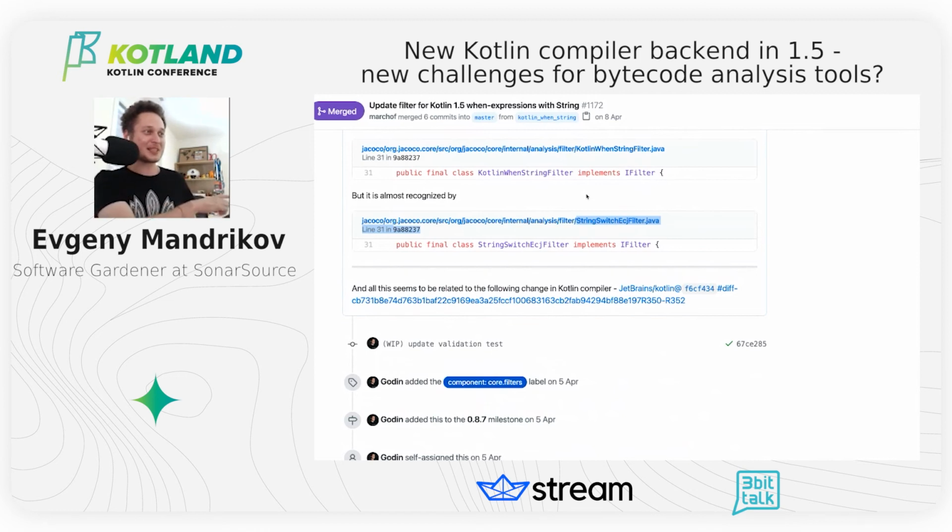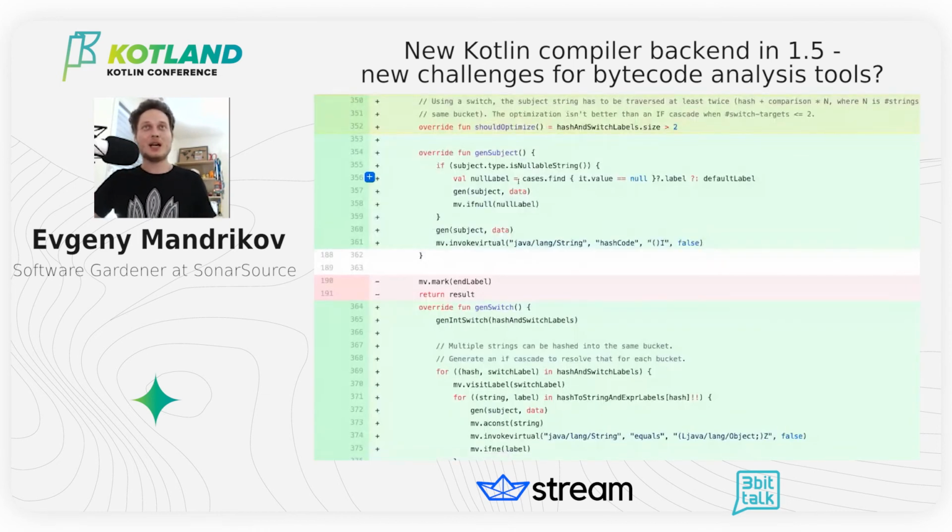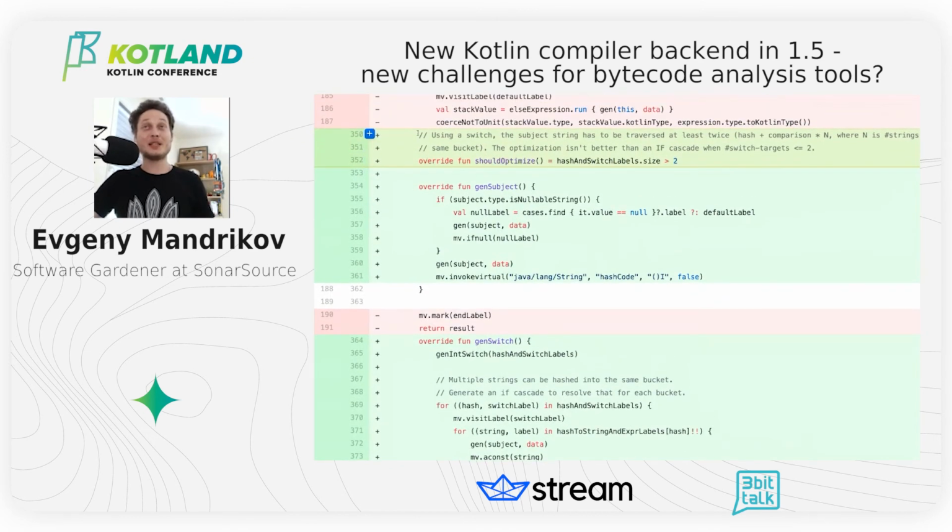So we can reuse the other filter to implement it for Kotlin 1.5. And this seems to be related to some change in the Kotlin compiler. Apparently, they decided to do a little bit of optimization, to not generate a switch by hash code if the number of cases is small. Probably it was also overlooked that at the same time the flow equalities changed to inequalities. But again, that's life, not a bug, not a big deal.